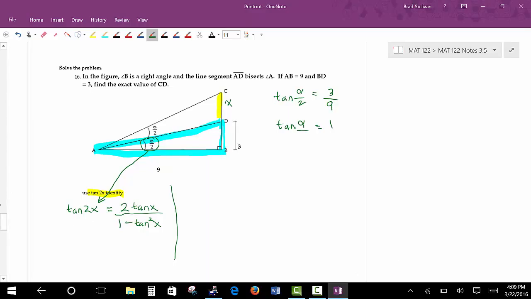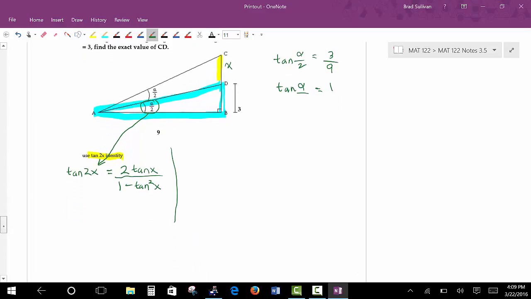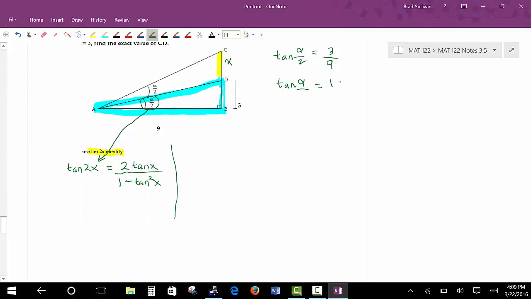Okay, so I'm going to make a couple of little substitutions in here. I think this thing somehow got erased. That was 1/3. So I'm going to substitute in for x alpha over 2.